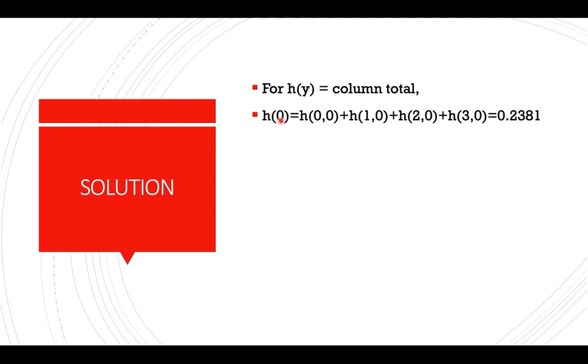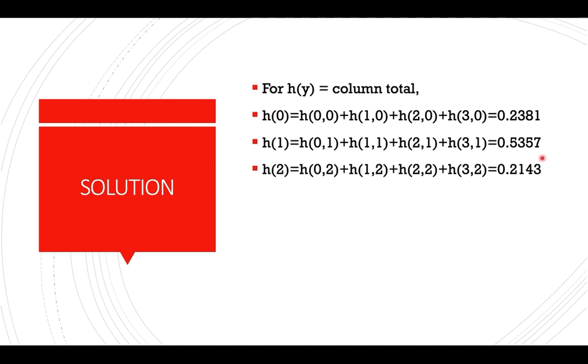The value of y will be fixed, and then we get all the possible values of x: 0, 1, 2, 3. So that will be your h of 0, the first column total. This is the column under y equals 2, and this is the sum of the column under y equals 3.